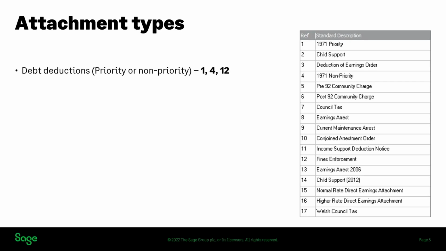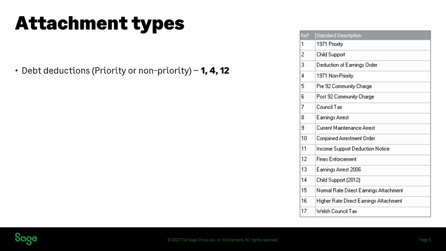So the first one is just a standard attachment of earnings order for debt deductions, and it may be classed as a priority or non-priority attachment. Priority orders are generally for payment of maintenance and fines, whereas non-priority orders usually deal with civil debts. The attachment categories that you would choose for these type of attachment orders would be numbers 1, 4, and 12.